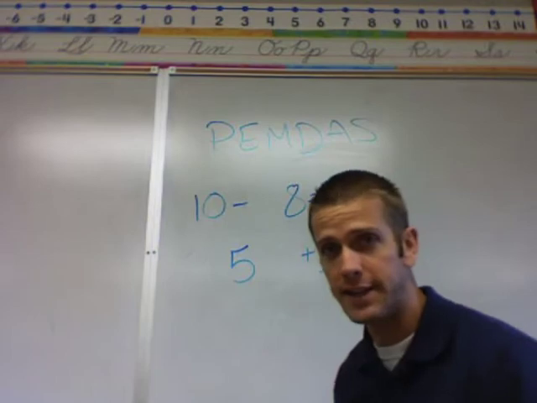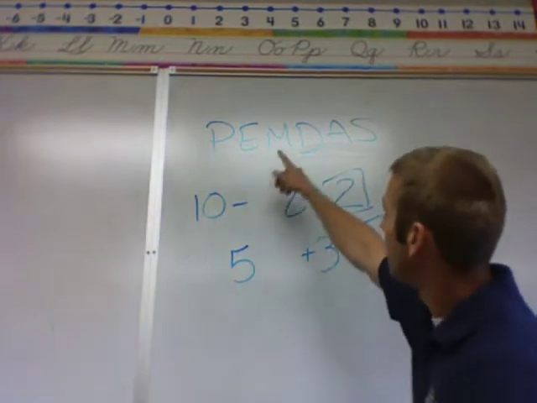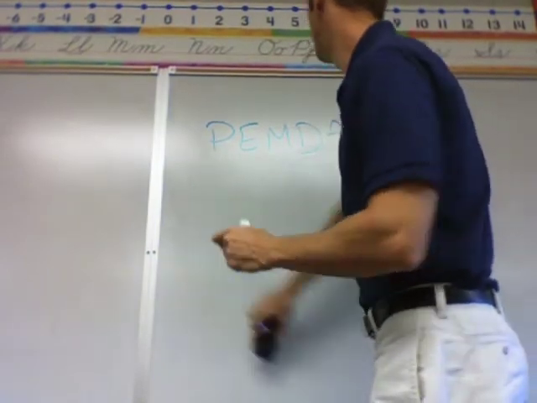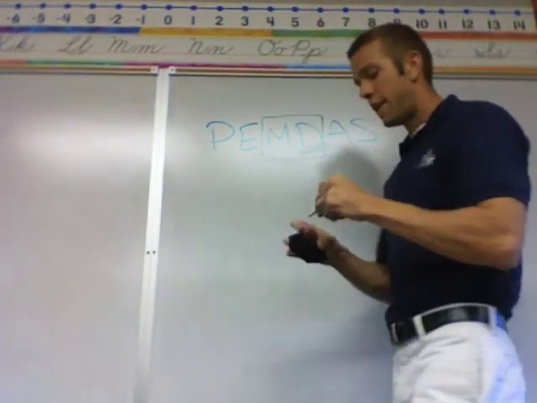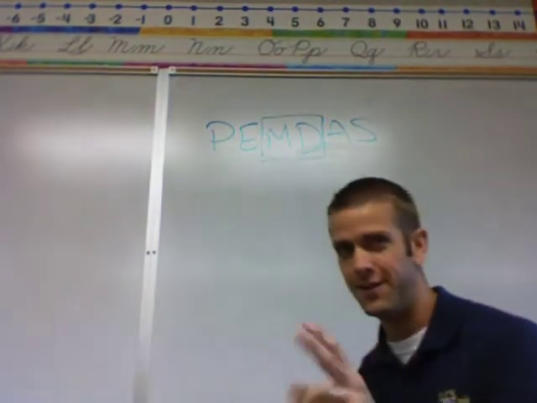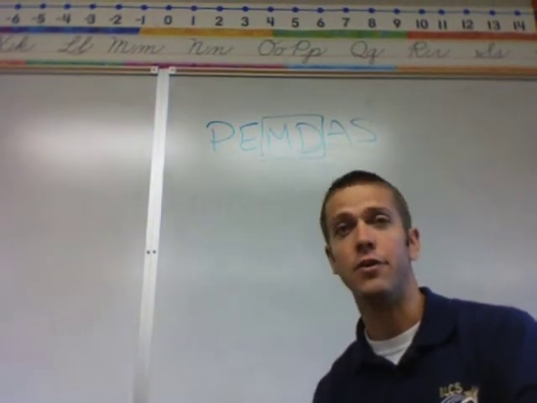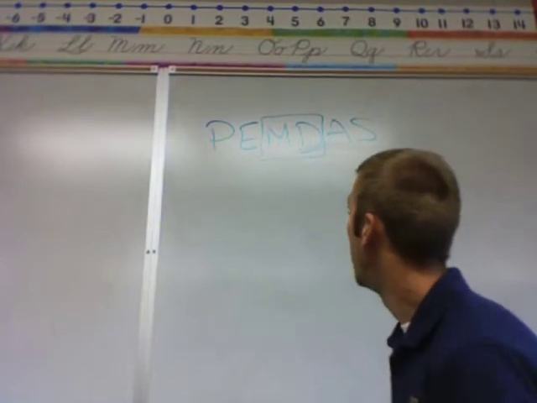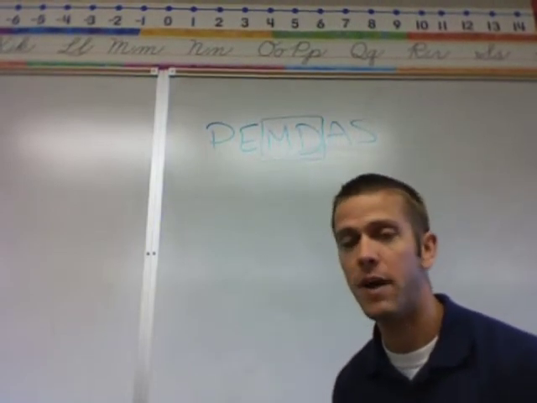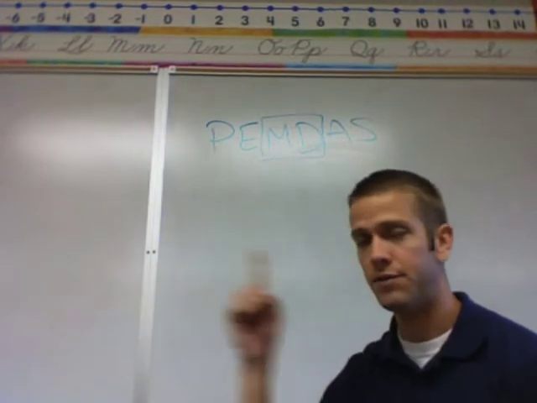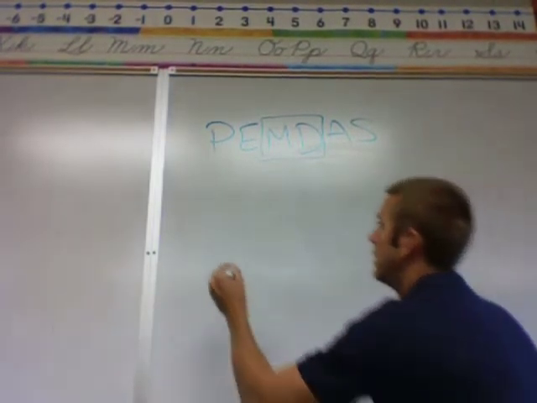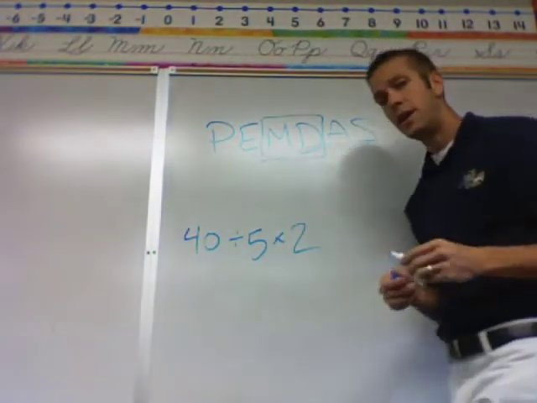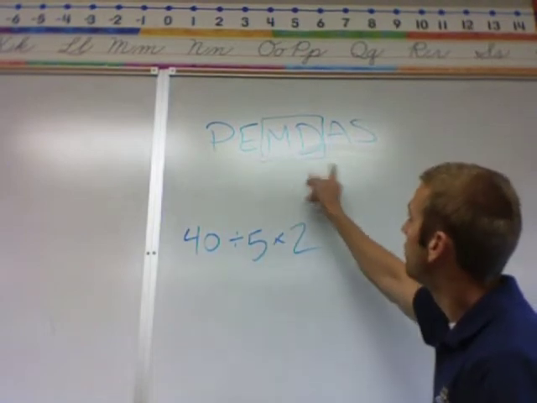After that's exponents, I said I was going to skip. And then comes multiply and divide. Now, when you get to this stage, multiply and divide, they're actually interchangeable, and divide can become the one you do first. That confuses a lot of students because the M is first, but actually, whenever you get to multiplying and dividing, you just work the problem from left to right. So if it was 40 divided by 5 times 2, you would think, oh, multiply then divide.